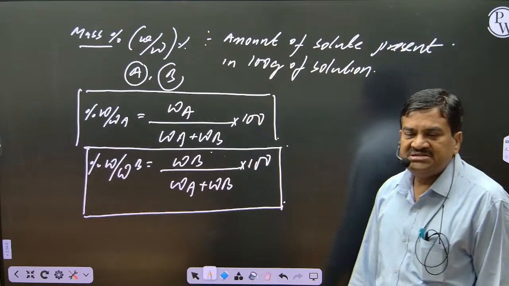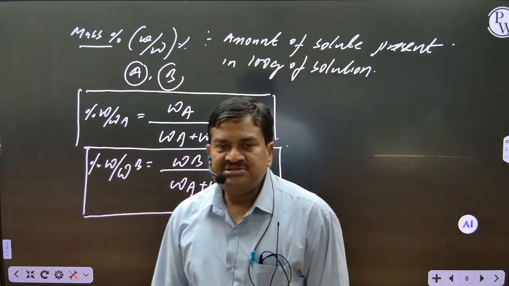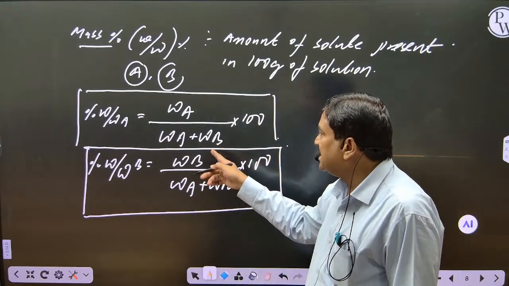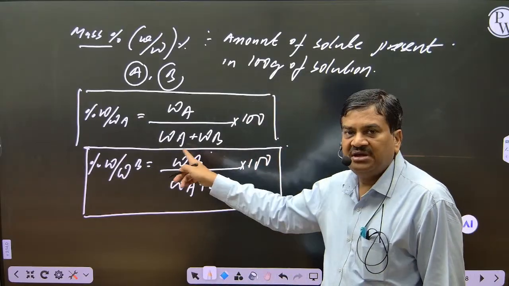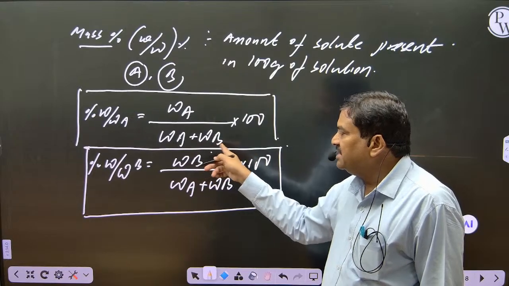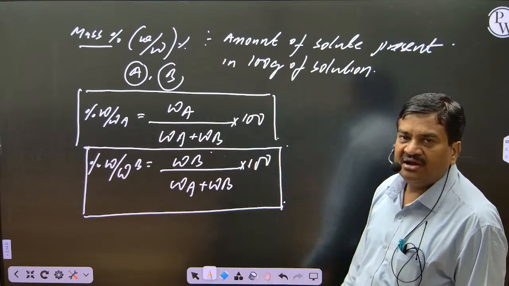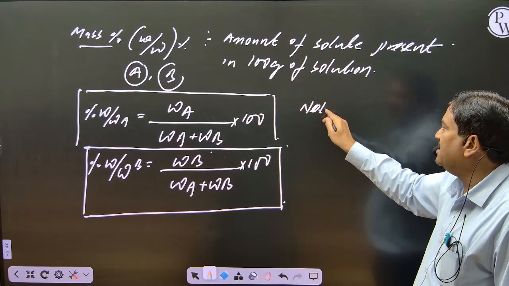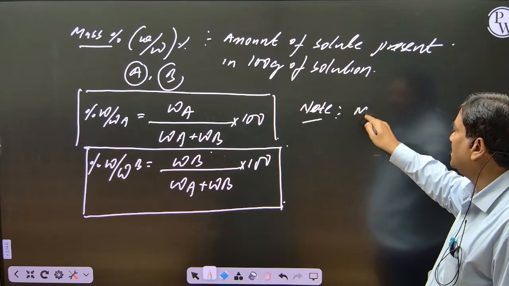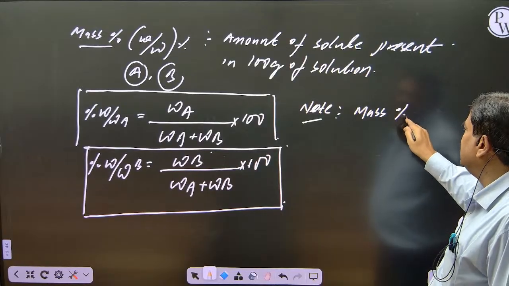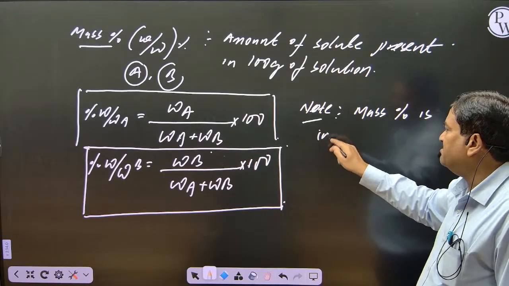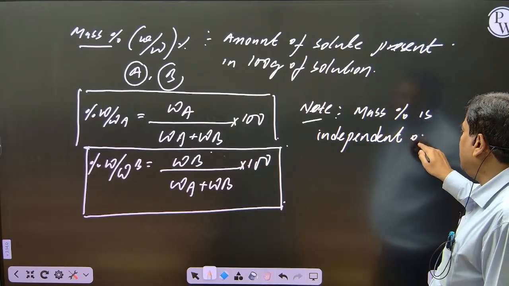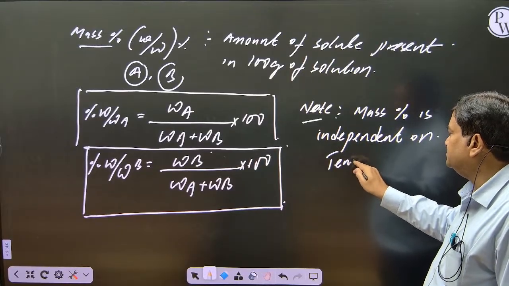It is simple, mass percentage. Now tell me, students, will it be temperature dependent or independent? They ask this in the exam. See, there is no volume term here. So it is independent of temperature. Make a note: mass percentage is independent of temperature, as there is no volume term.